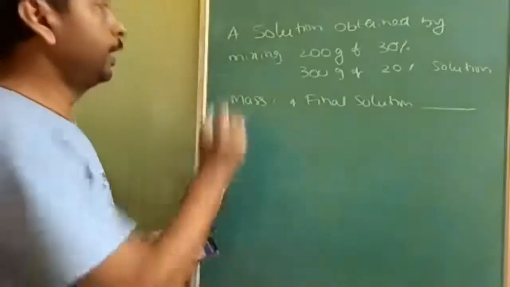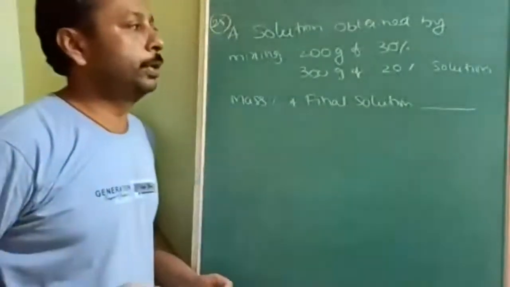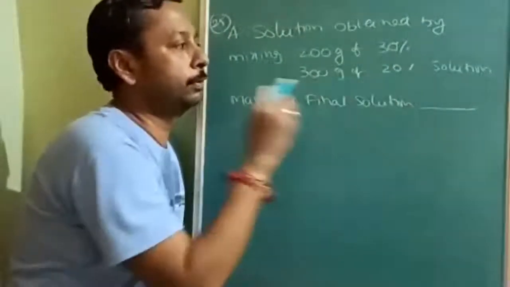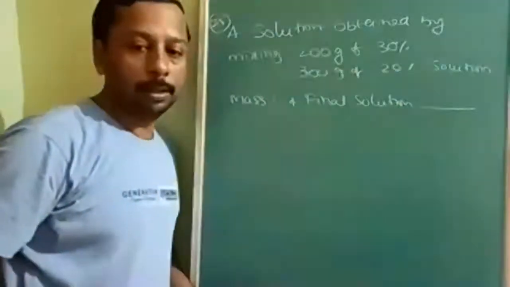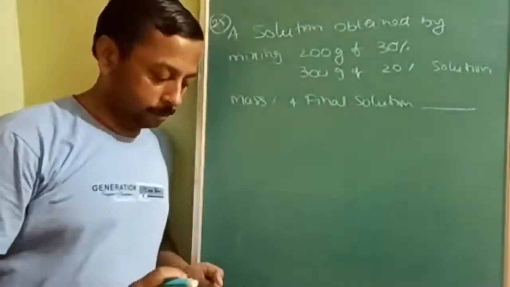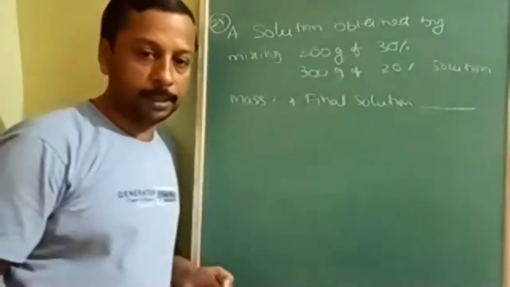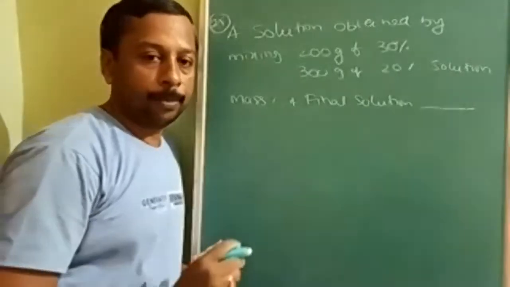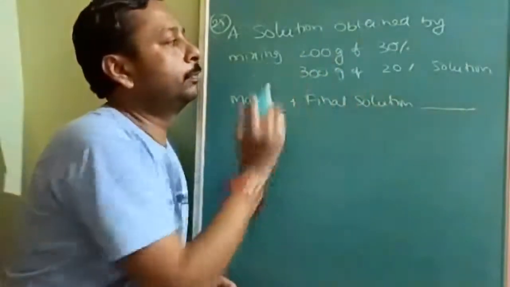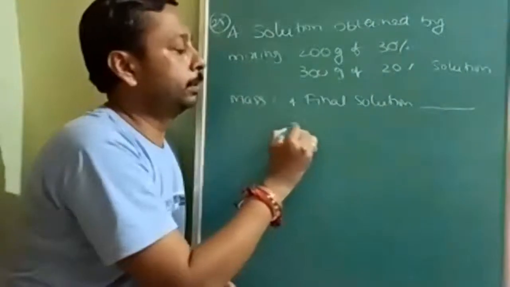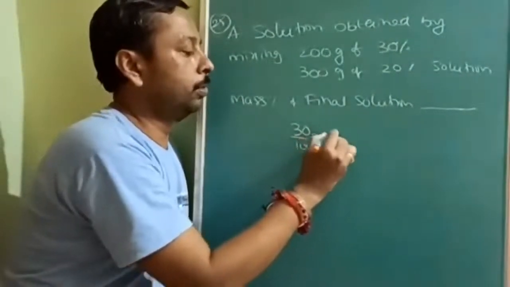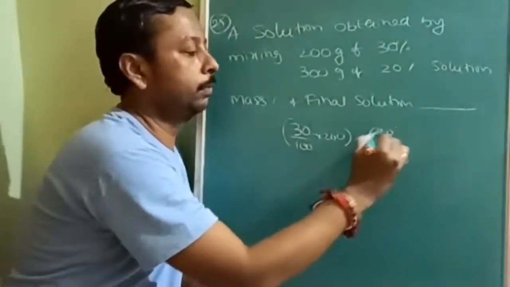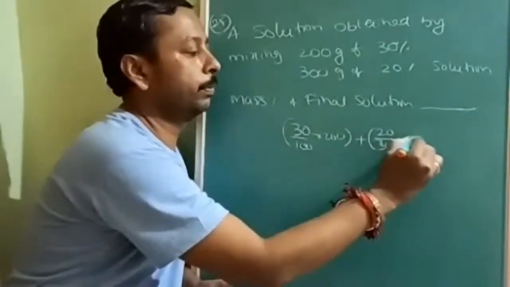We are in the final question, 25th question. A solution is obtained by mixing 200 grams of 30% and 300 grams of 20% solution. Then find the mass percentage of the final solution. See here, 30% of 200 will be solute and 20% of 300 will be solute.